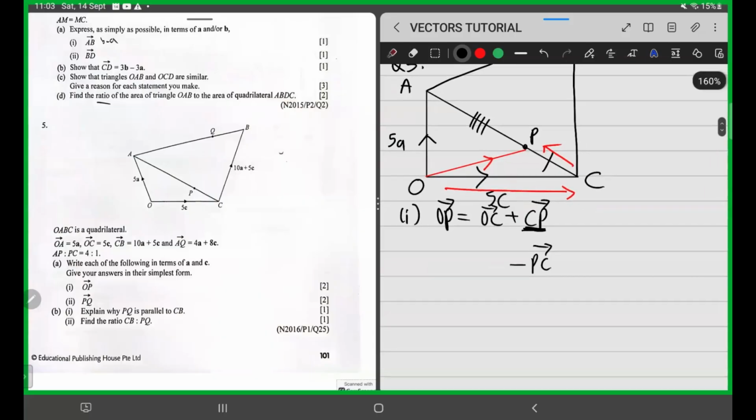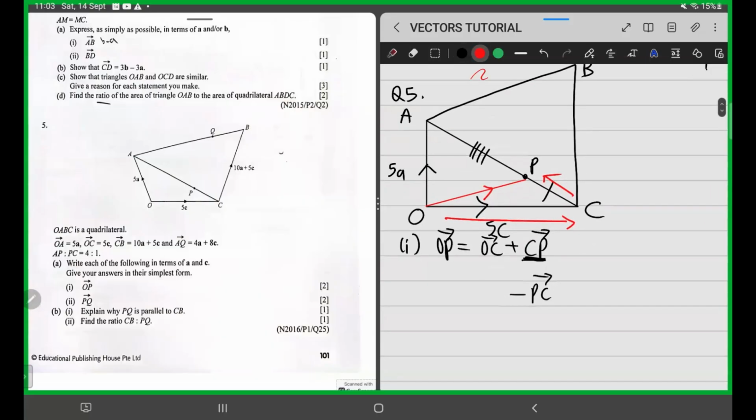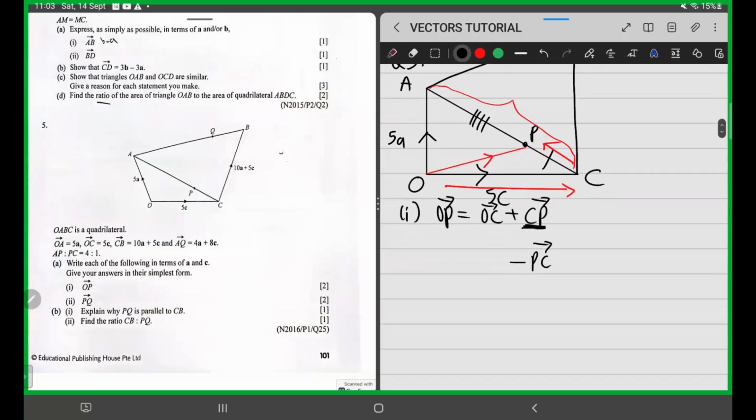Then that's where this knowledge comes in over here. So we know that AC is just OC minus OA, which is just 5C minus 5A.